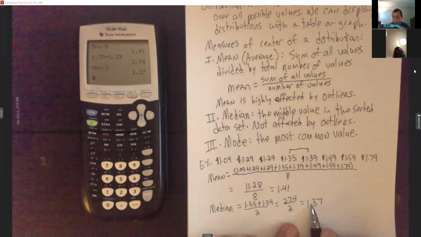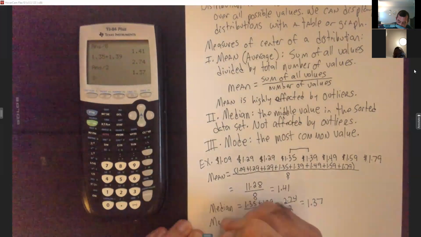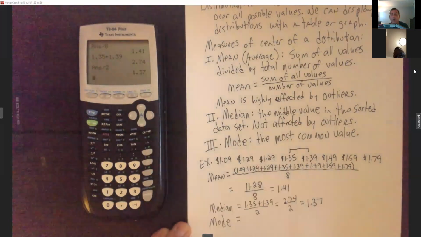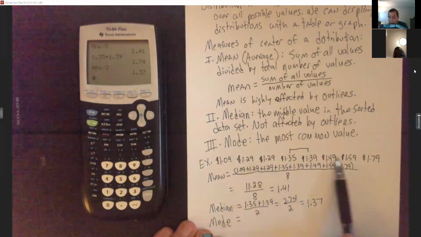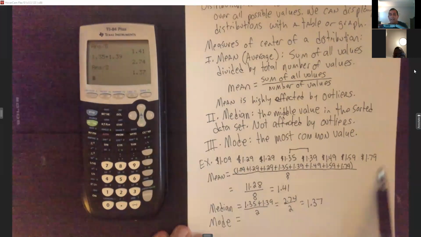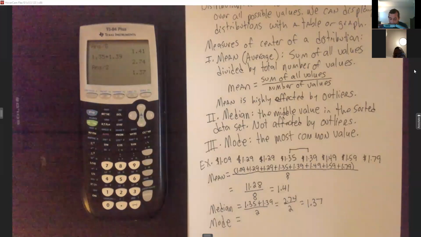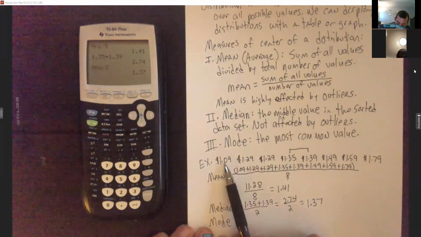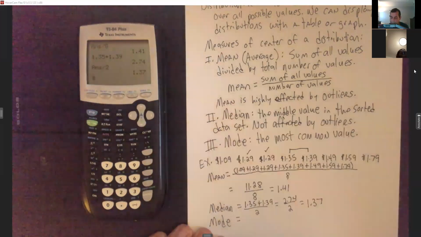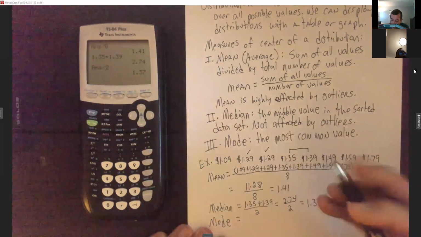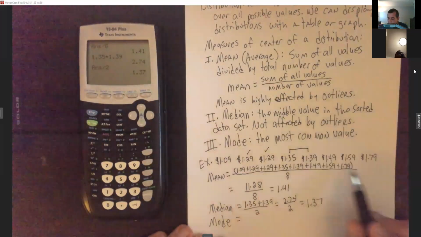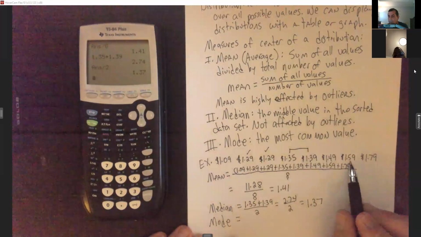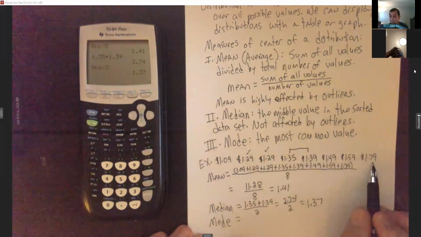Okay? Now we want to find the mode. The mode is which one of these numbers or prices happen the most. So notice 1.09 only happens once. Oh, look at that. 129 happens twice. 135 only once. 139 once. 149 once. 159 only happened once. 179 only happens once.